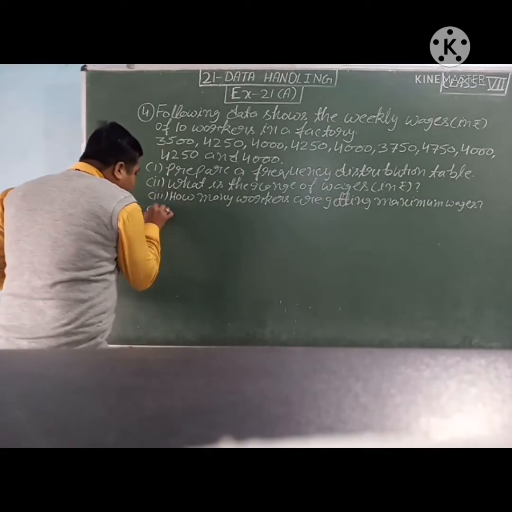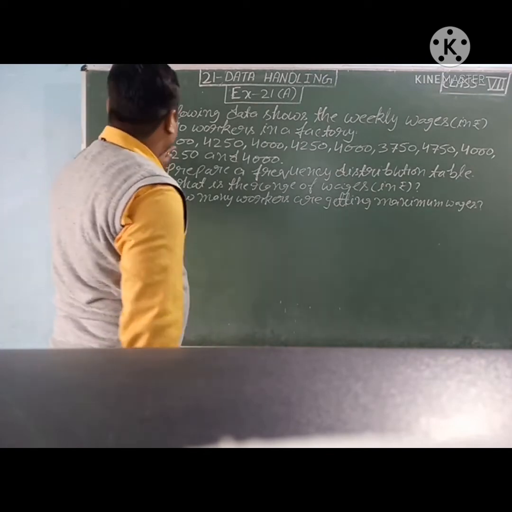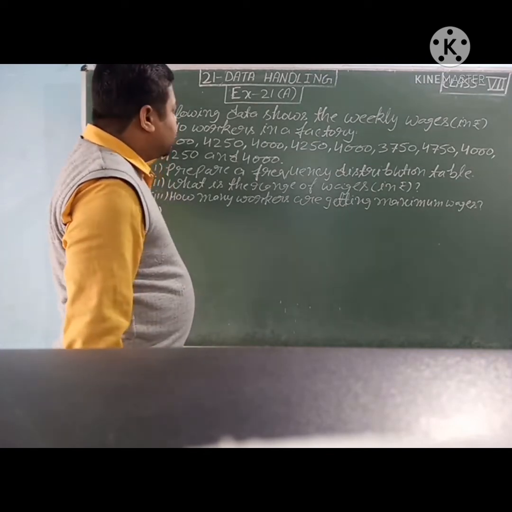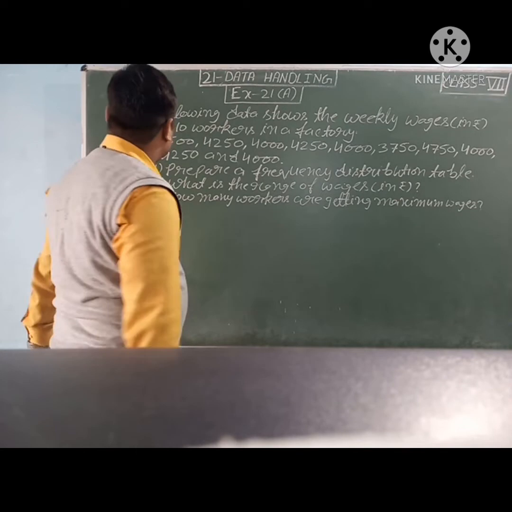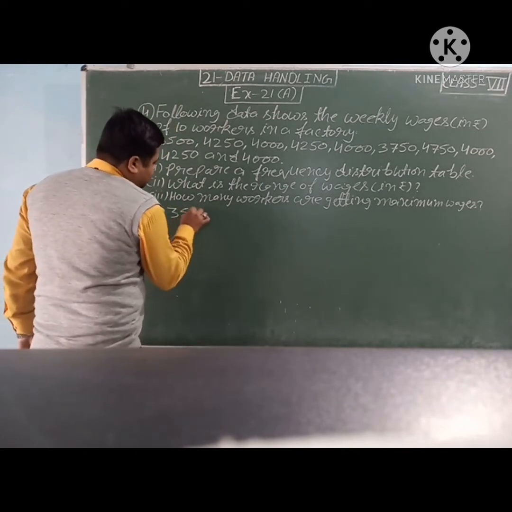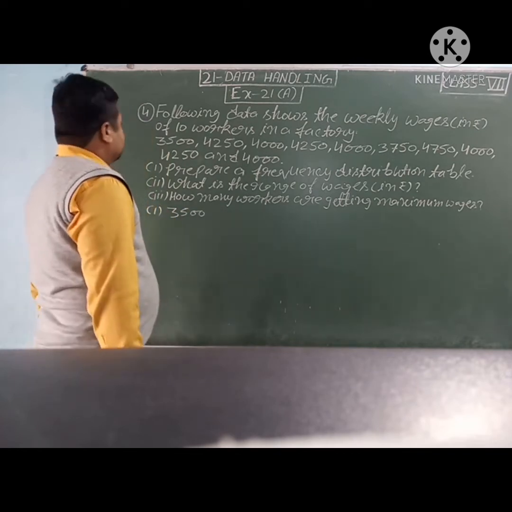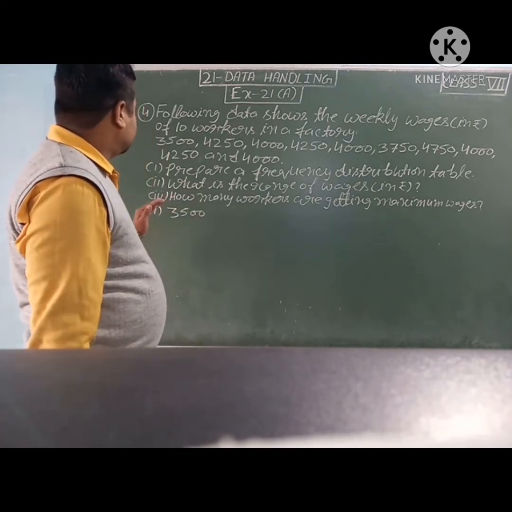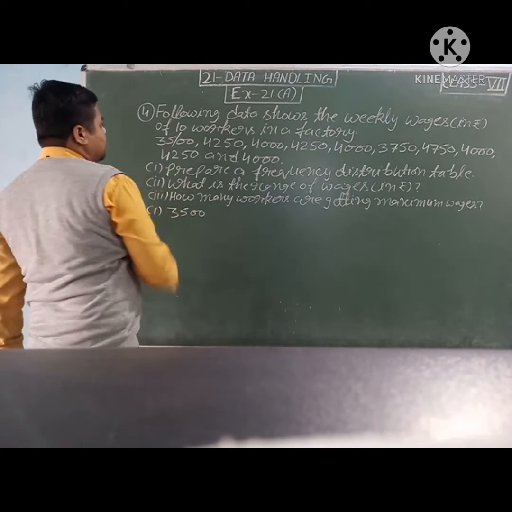So first, see what we will take. 3,500, it is the smallest number or wages. After this, cut this 3,500.